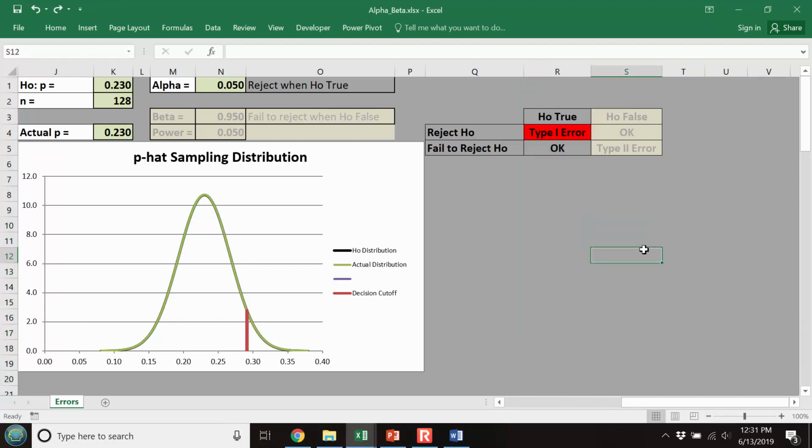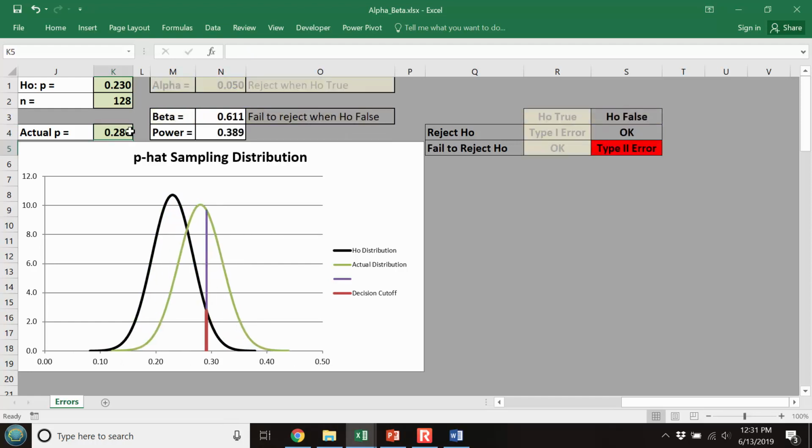What if the null hypothesis wasn't true? What if the researcher was right, and let's say that 28% of cars on the road were actually uninsured? Well, the null hypothesis is still this black distribution, but the real hypothesis, or the reality, is this green distribution.